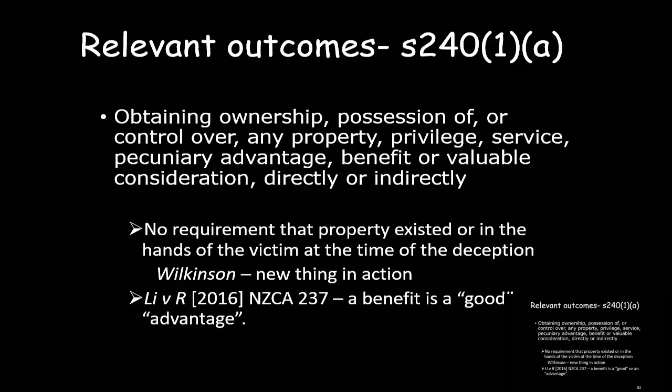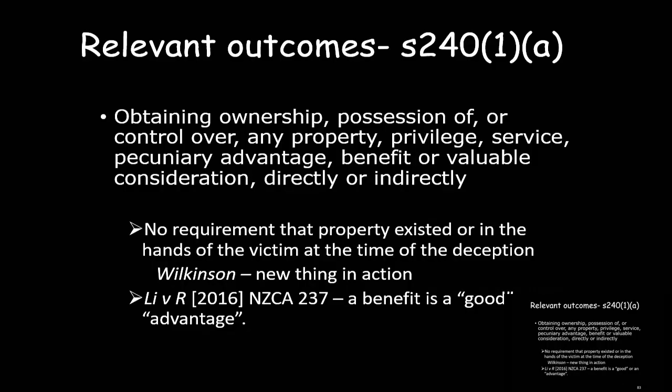So the victim's thing in action went down, the defendant's thing in action went up. They had the ability to go to the bank and demand more money. The victim lost the ability to go to the bank and ask for as much money. So there's a loss, which means that that is now caught by section 240.